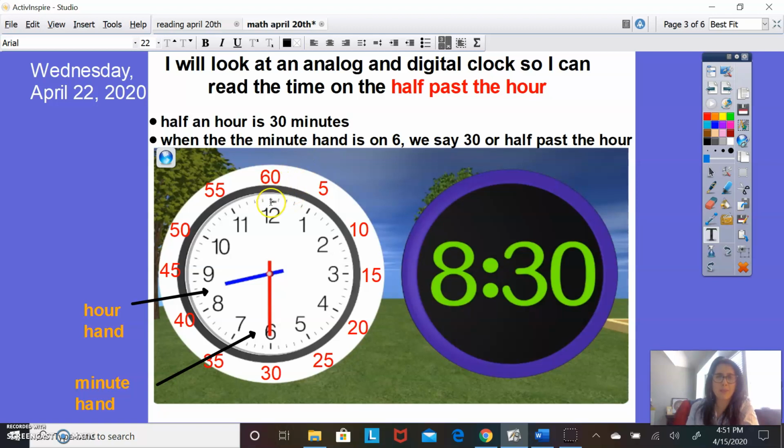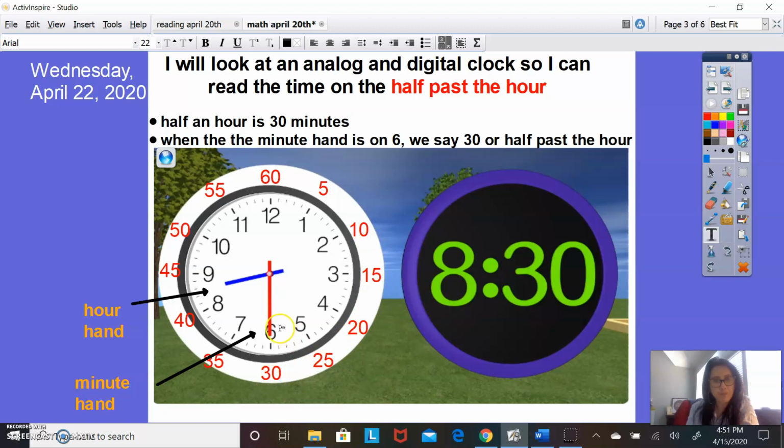Because if we count every one of these little tick marks, we have 60 tick marks, which represent a minute each, which is the 60 minutes. So we can count in increments of 5 from here to here. We count by 5s, 5, 10, 15, 20, 25, 30.